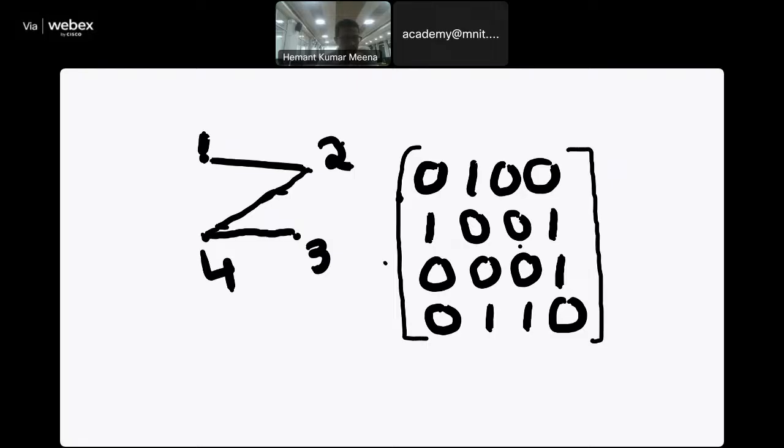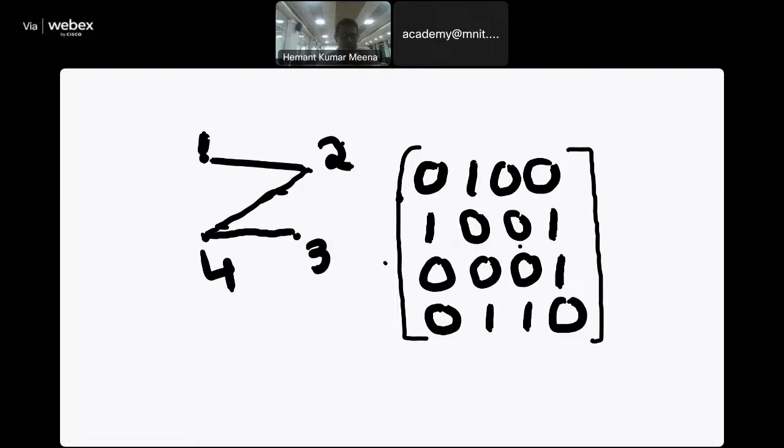From this 1, 2, 3, 4 only, we are able to know, as Krishna is saying, the graph signal value is associated with nodes. Yes. So we need some additional information. What is the value at node 1, at node 2, at node 3 and node 4? What will be the value?